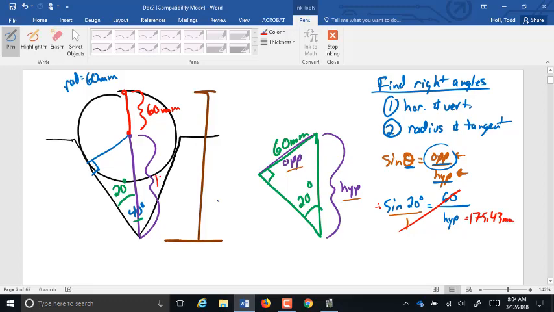So this is 175.43 millimeters. So there's one final step. What does it have to be? Yeah, add those two together. Gives me 235.43 millimeters.